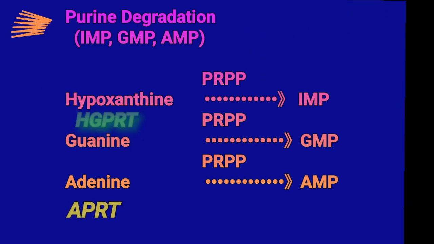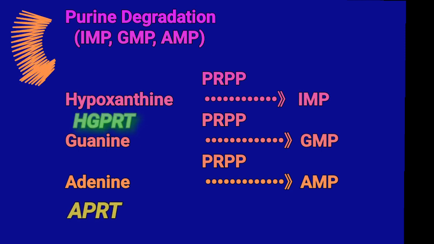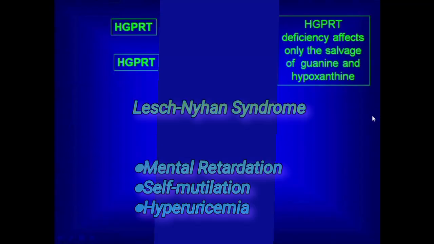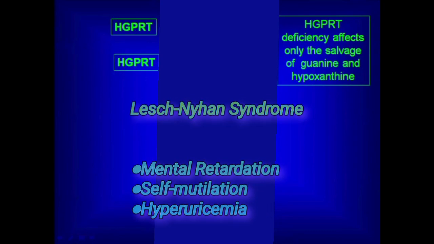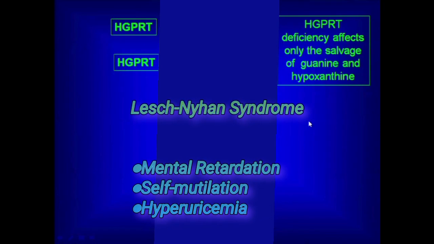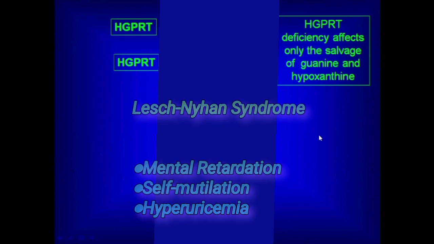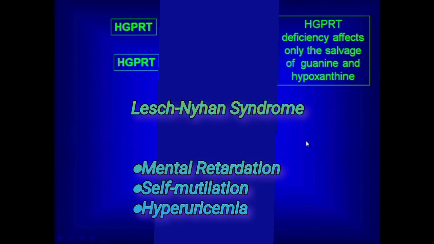And actually, there's an inherited deficiency in this enzyme, HGPRT. That inherited deficiency, affecting just those two bases, guanine and hypoxanthine, results in a pretty serious condition called Lesch-Nyhan syndrome.